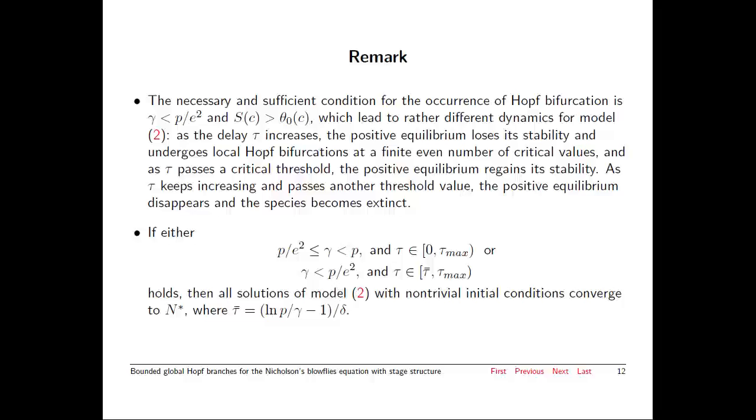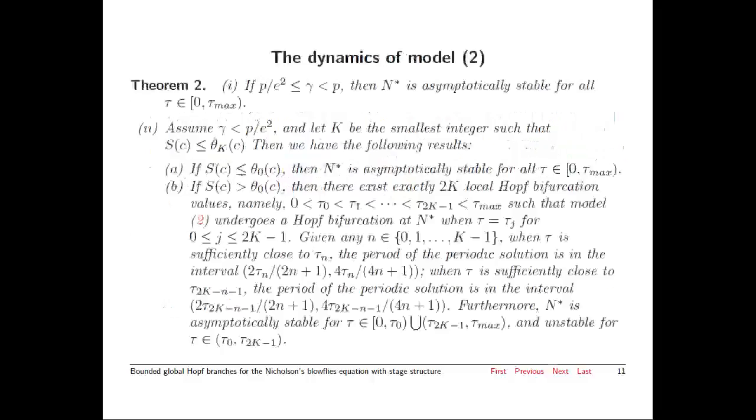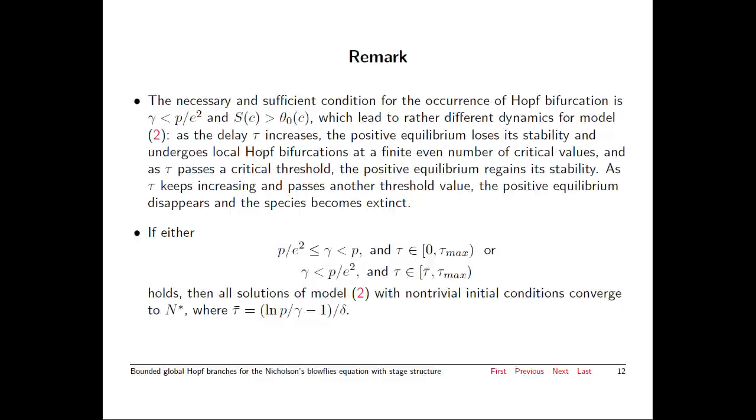And we also would like to mention the first case and this case. In the second case, we find there exists some tau bar, and when tau is larger than tau bar and less than tau max, we can further prove the global stability of the positive equilibrium N star. We can use two methods.